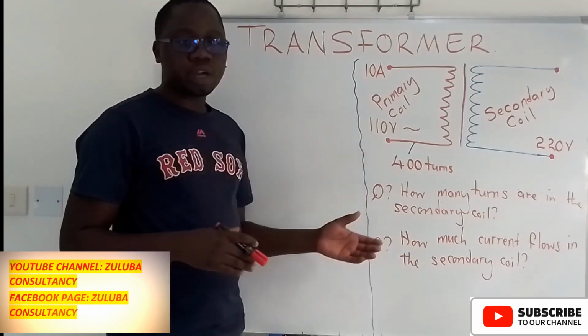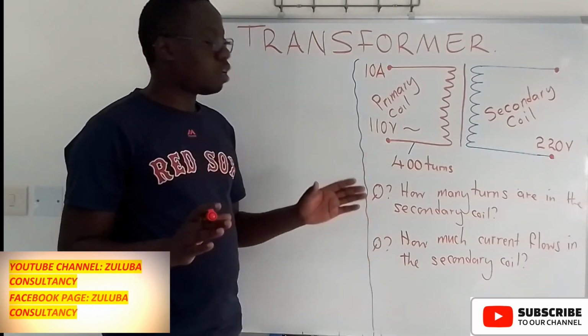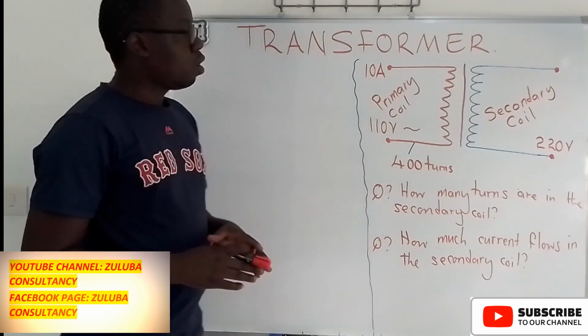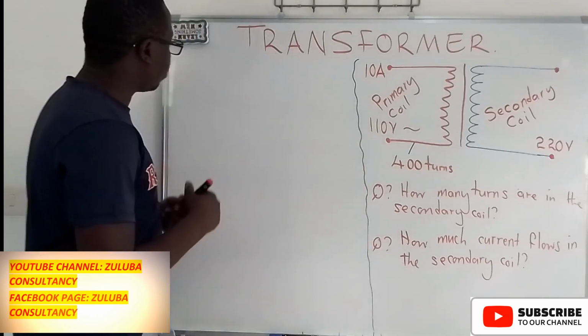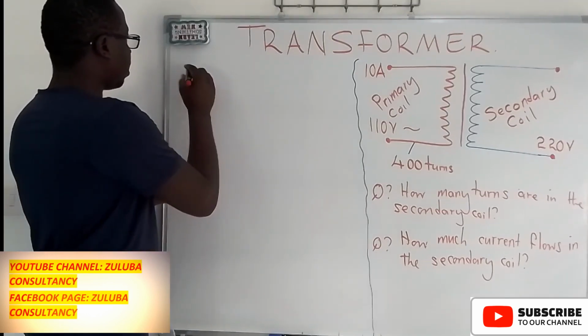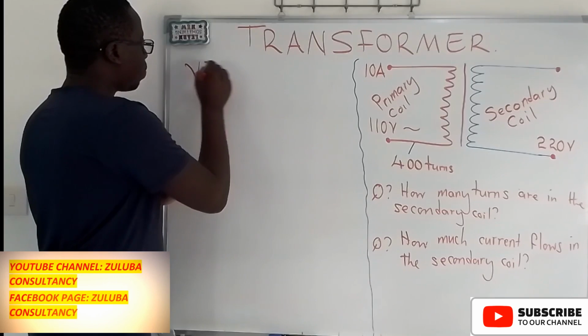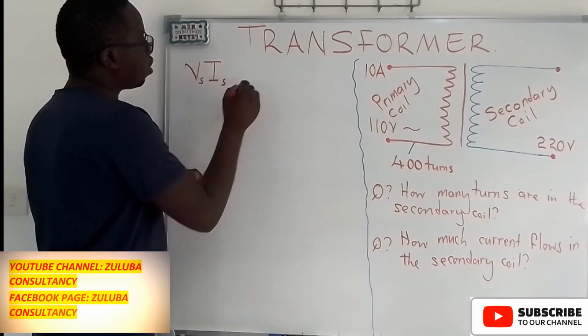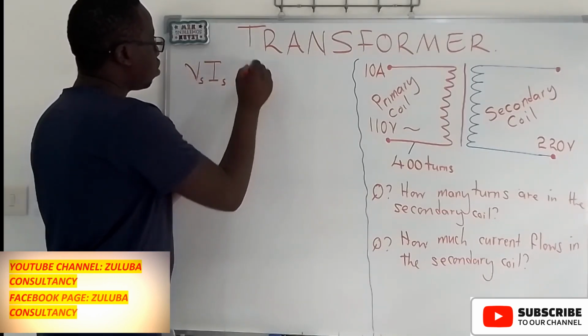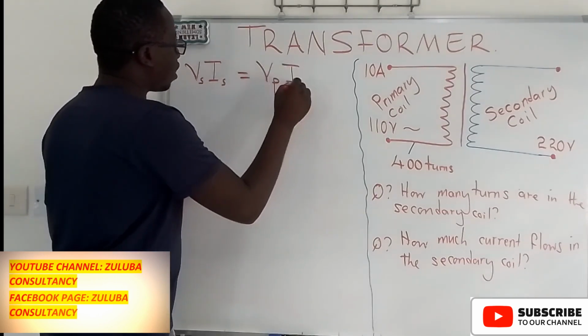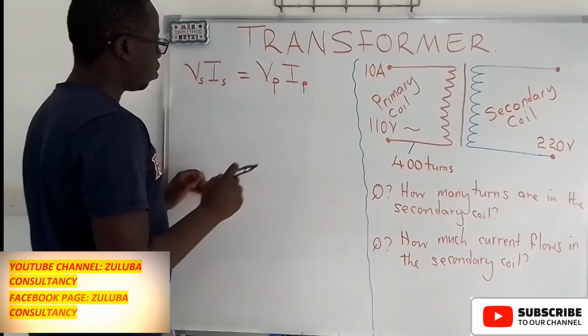How do we calculate the current flowing in the secondary coil? The relationship that we use is the voltage in the secondary coil multiplied by the current in the secondary coil is equal to the voltage in the primary coil multiplied by the current in the primary coil.